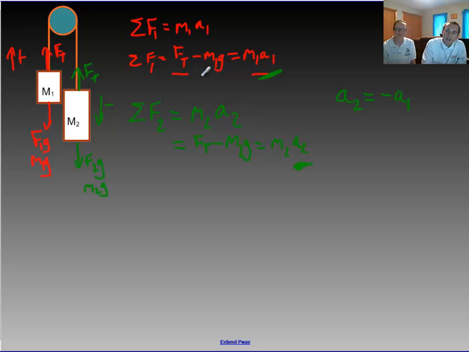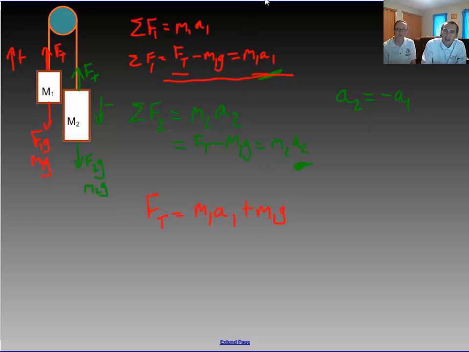That means we can start doing a little algebra and getting some things worked out. I like to leave everything as variables until the end and then plug in numbers at the end, so we'll do that. Starting with this equation, I'm just going to solve it for Ft: Ft equals M1A1 plus M1g.